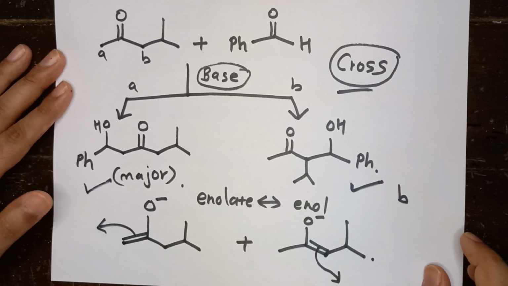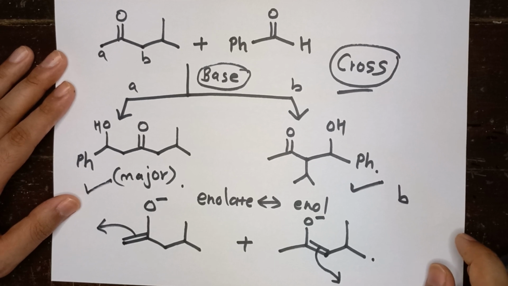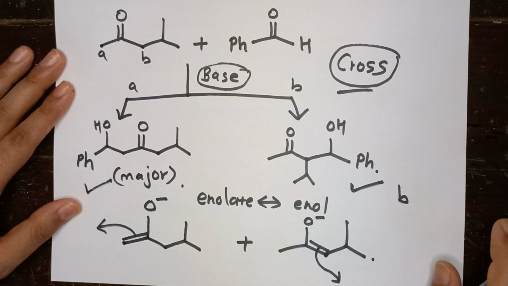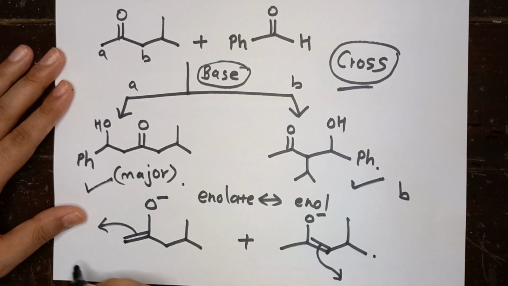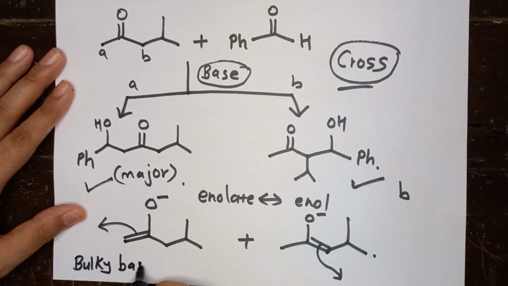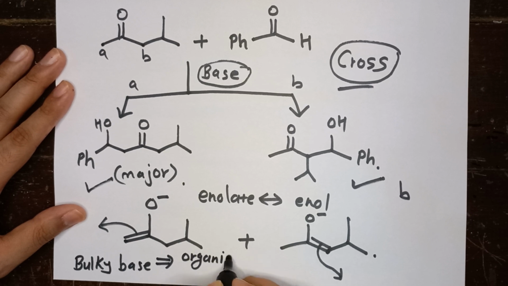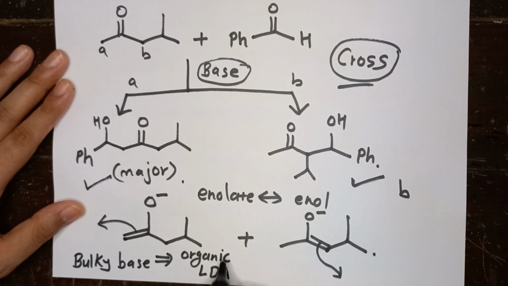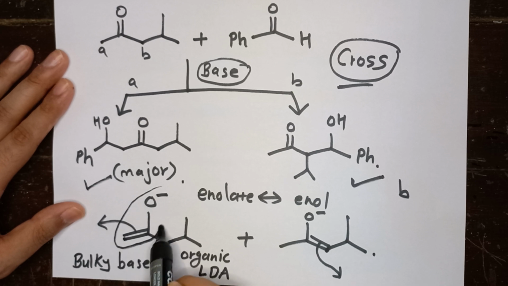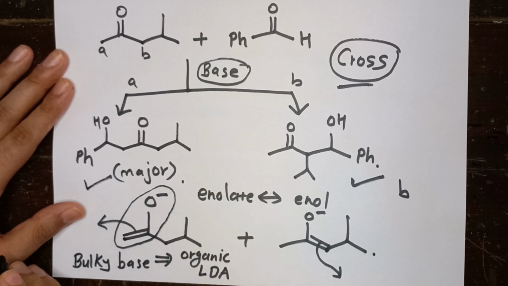So how to know which product is going to be the major one? So the idea is simple. You need to remember that bulky bases like organic bases like LDA, these kinds of bases will form the less hindered enolate, okay, or the outside enolate, because LDA is a bulky base.